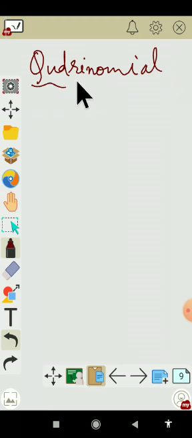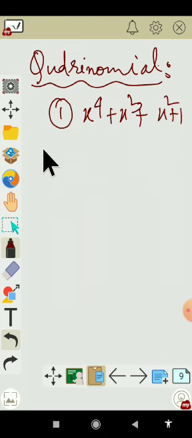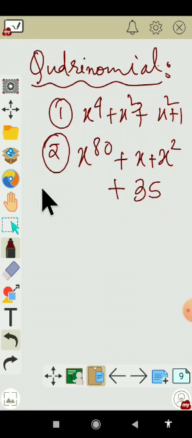In this case also we have four terms. Example, x to the power 4 plus x cube plus x square plus 1. Second example, x to the power 80 plus x to the power 2 plus 35. Anything can be a quadrinomial.